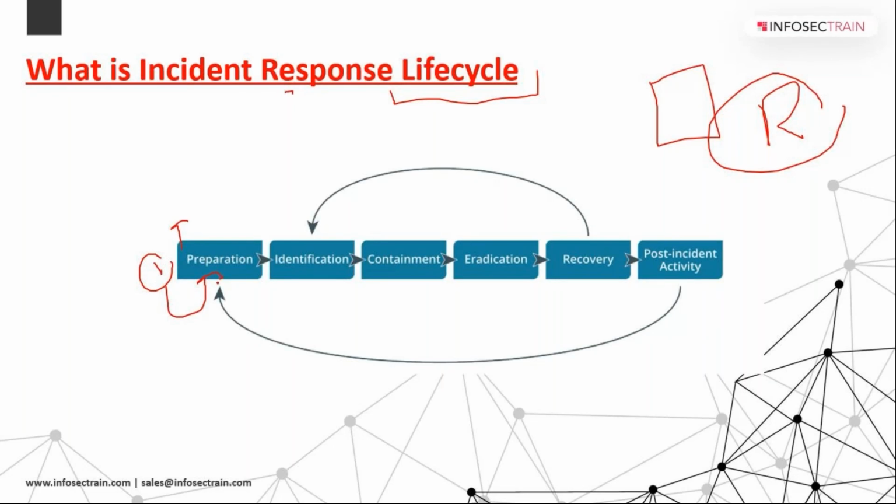You're preparing yourself. So how can I prepare my organization for a ransomware attack? Guys, can you suggest what kind of things I can do, or what policy or architecture I can create, to protect my organization from a ransomware attack?